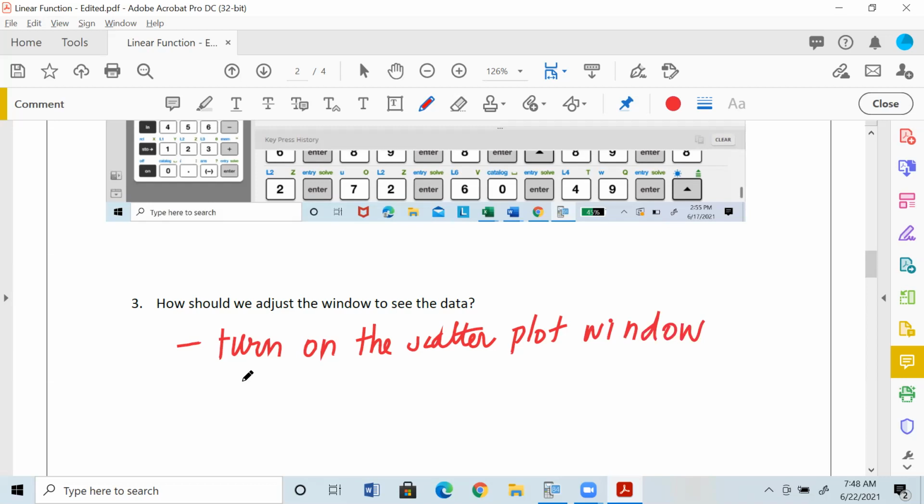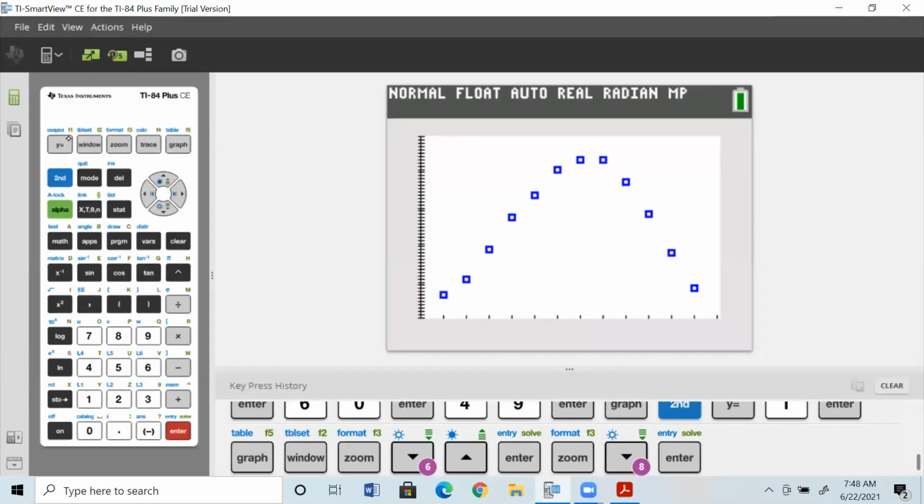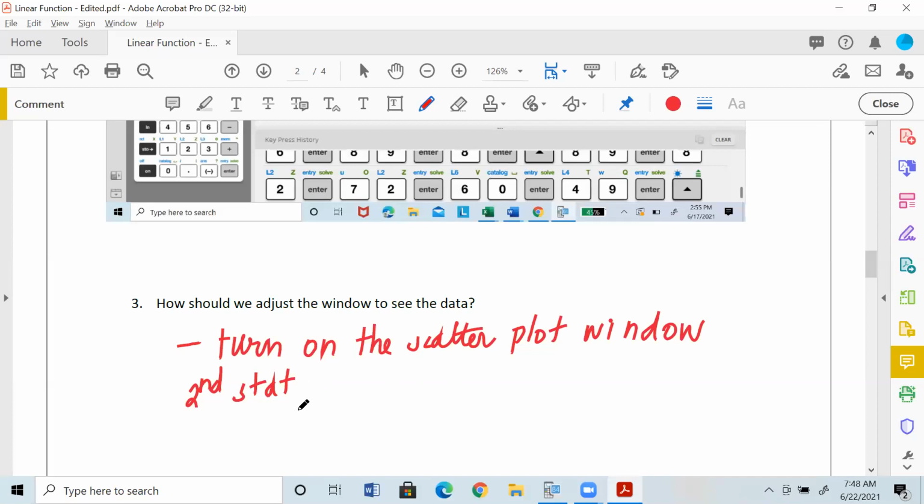We'll do this by pressing second, Y equals, which is our stat plot, highlighting on.